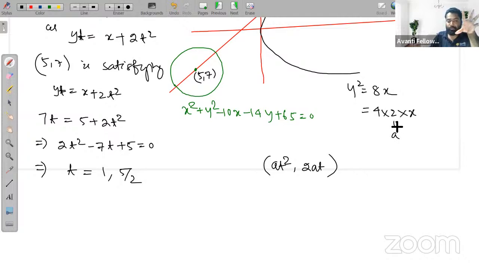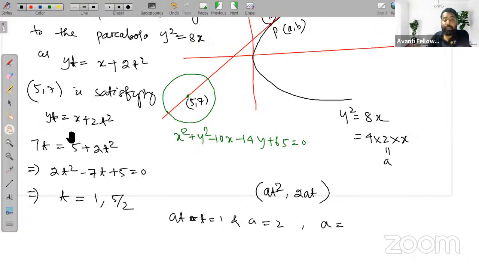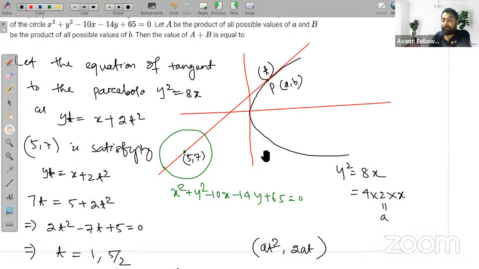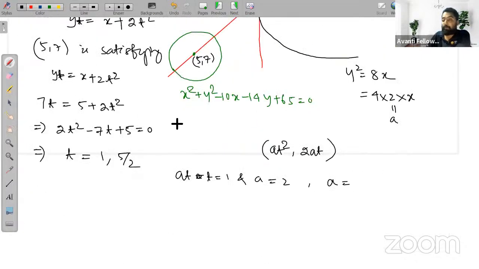We know a is 2, right? So at t = 1 and a = 2, what are the possible values of the x coordinate of P, that is a here? I'm talking about that a.